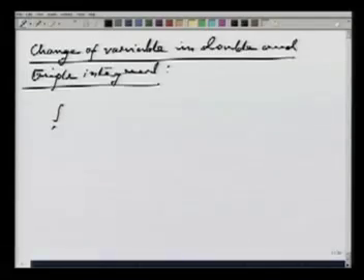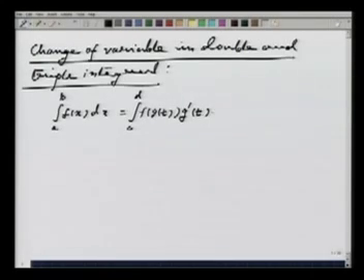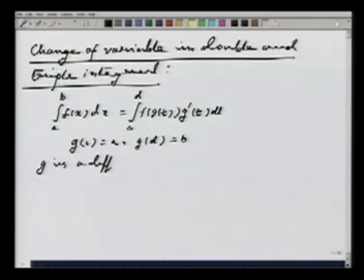Well, in the one variable case, we know that this formula is true: the integral a to b f(x) dx is the integral c to d f(g(t)) times g'(t) dt, where g(c) equals a and g(d) equals b, and g is a differentiable function with g'(t) not equal to 0.